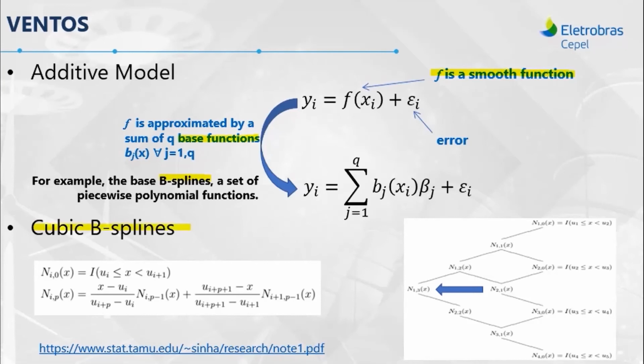The process to obtain these cubic splines is described right here, and basically we obtain the basis of smaller order until the basis of order 3. So we obtain the basis of order 1, and after that we obtain the basis of order 2, and finally the basis of order 3.